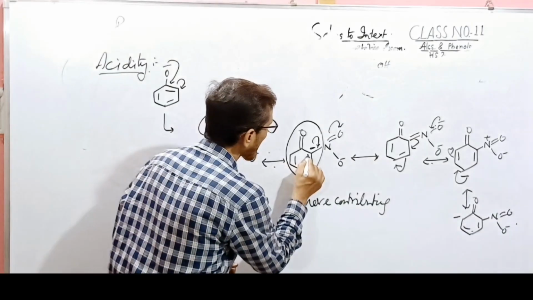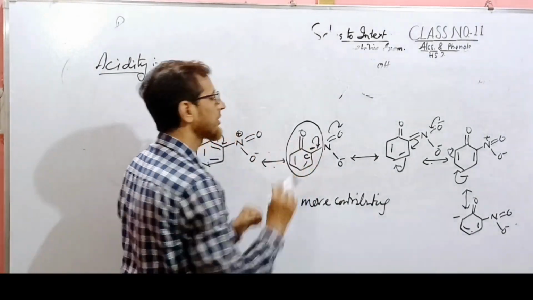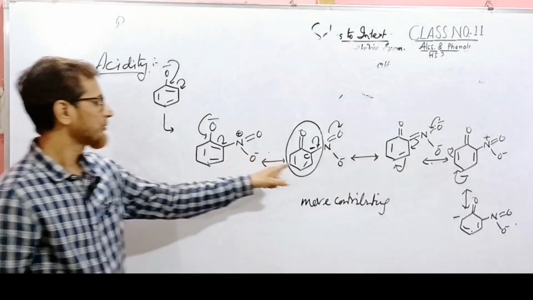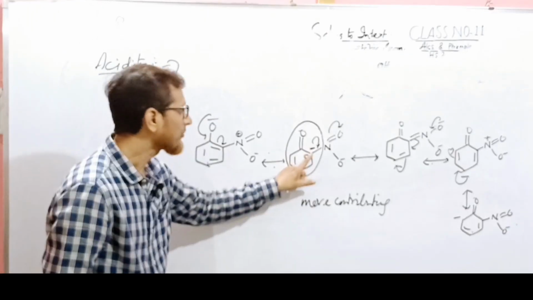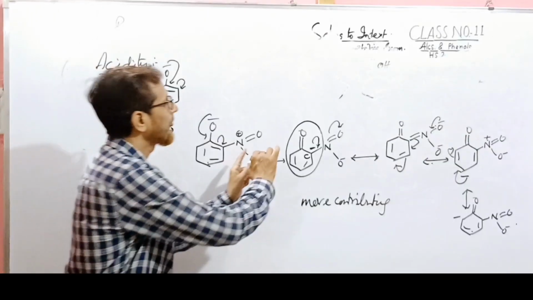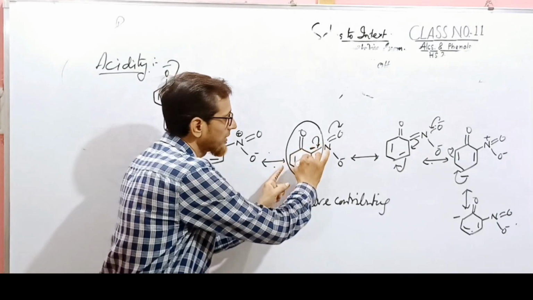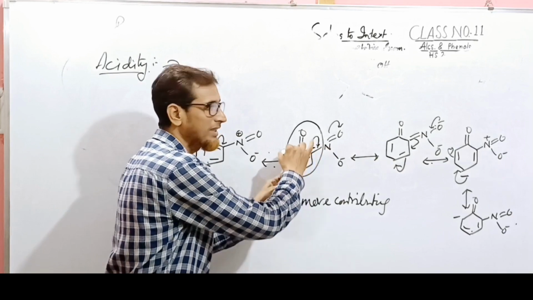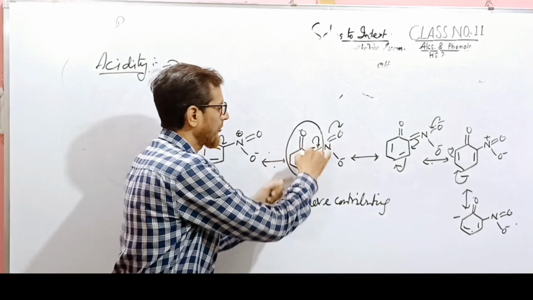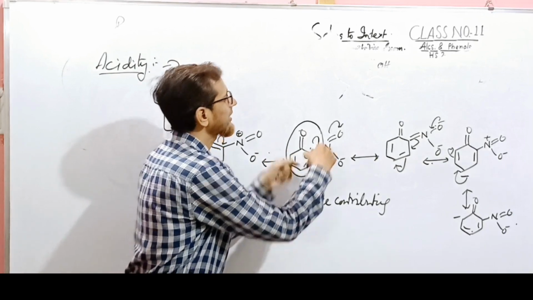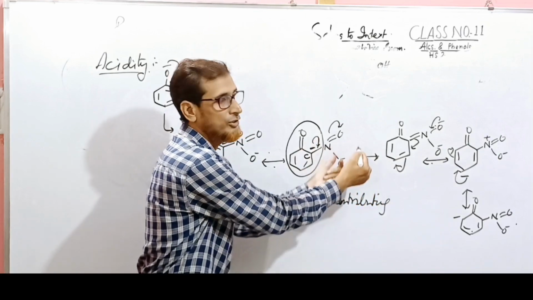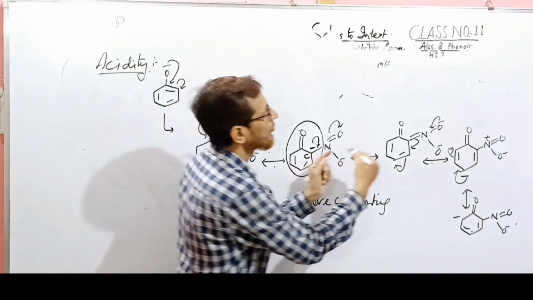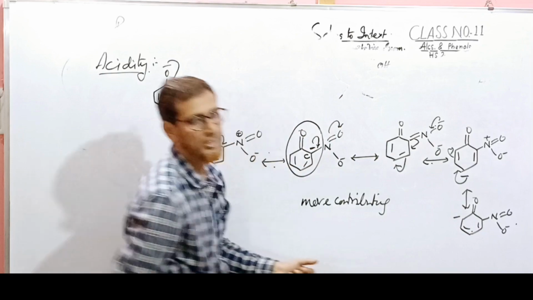Because that carbon has negative charge on it, and due to the presence of this negative charge, besides the delocalization of electrons by resonance in the benzene ring, it has further extended outside of this, which causes more and more contributing structures.